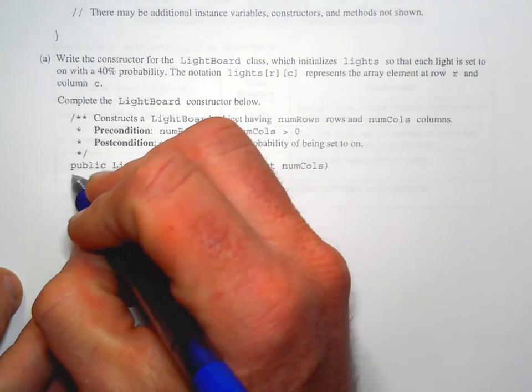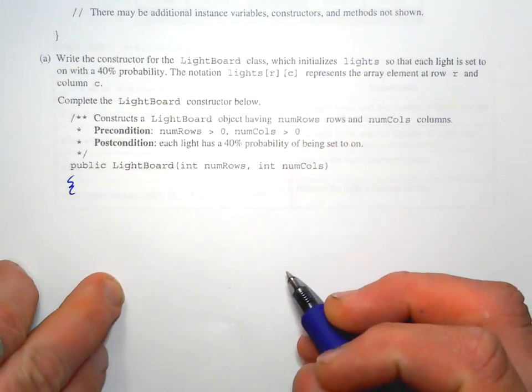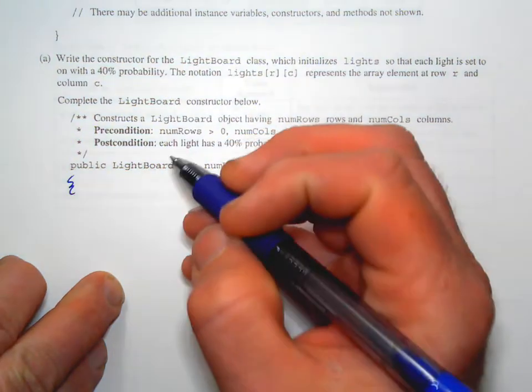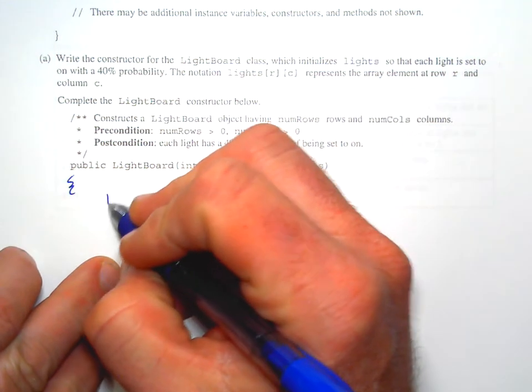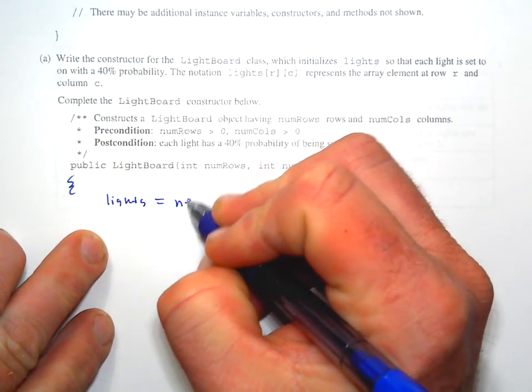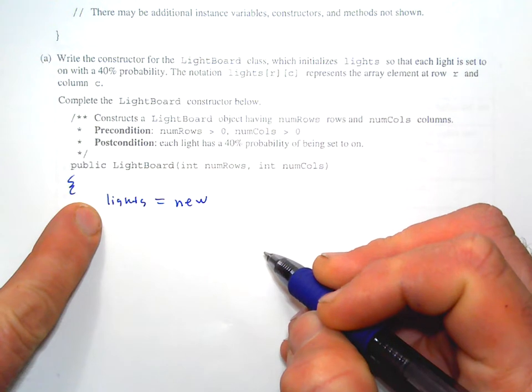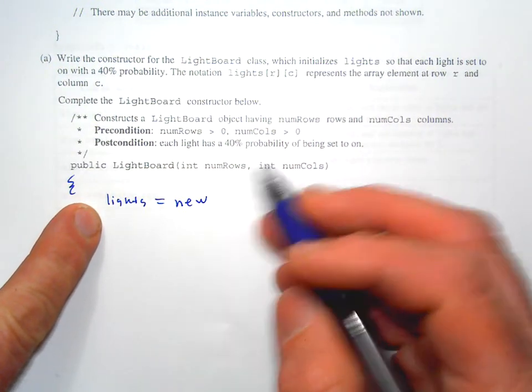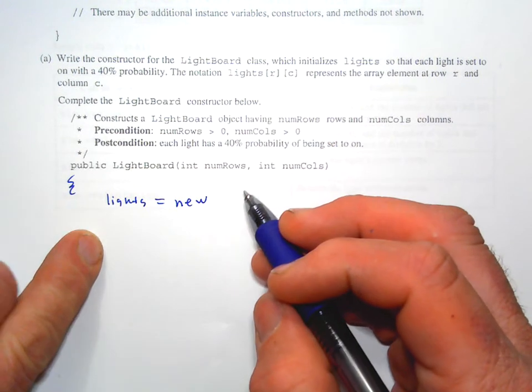So in a constructor, any of the private instance variables need to be initialized, which is what we're going to do. But if it's an object, it has to be created. So lights equals new. Now, some of you put public boolean in front of this, as if you were declaring it. It's already been declared. Do not declare it again.